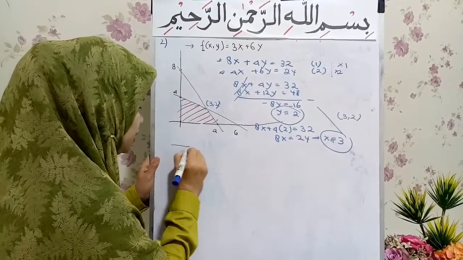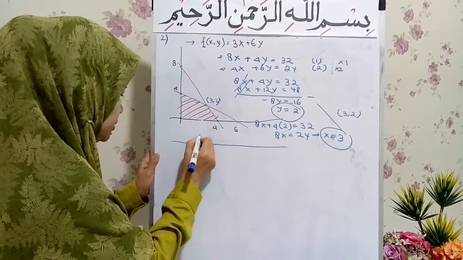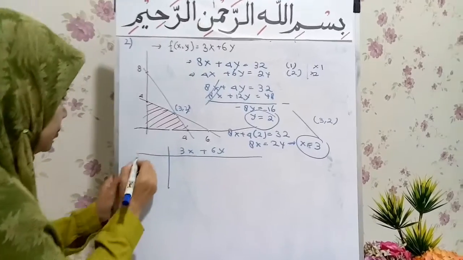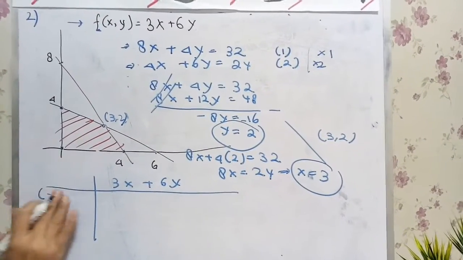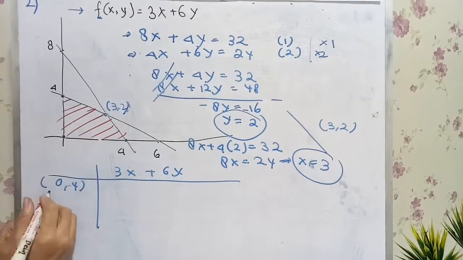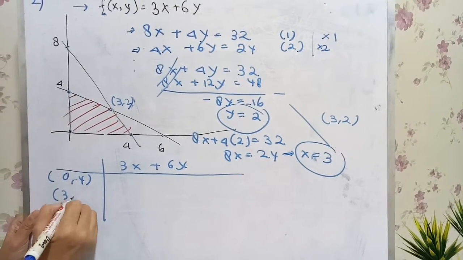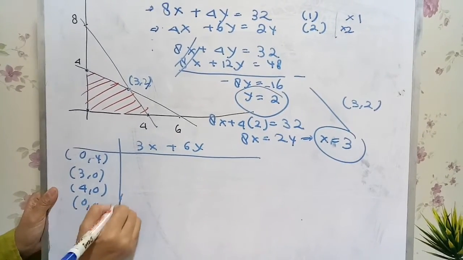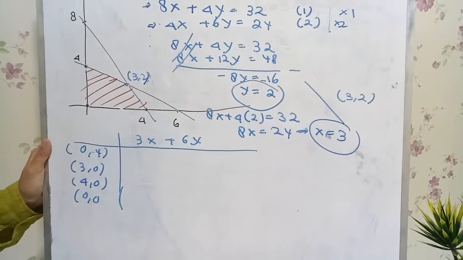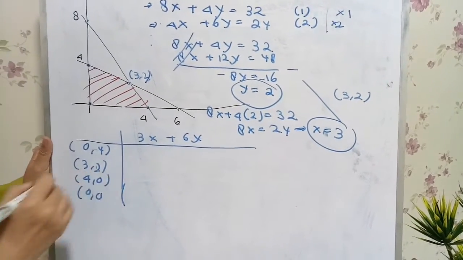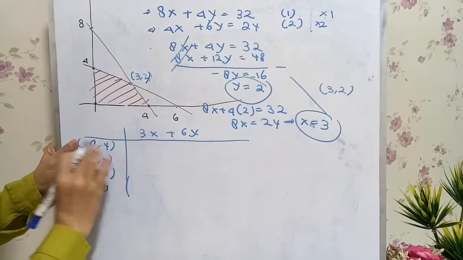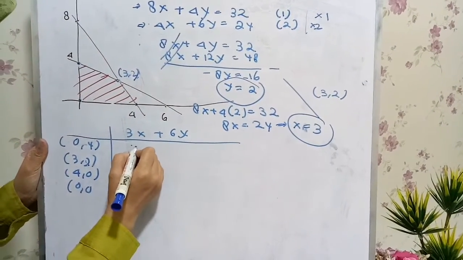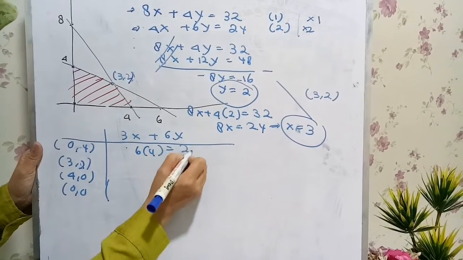Now it's easier for us to make it as a table. This one is 3x plus 6y. We have here the points (0, 4), (3, 2), (4, 0), and (0, 0). For (0, 4), I don't have to calculate the x, so I just write 6 times 4 equal to 24.